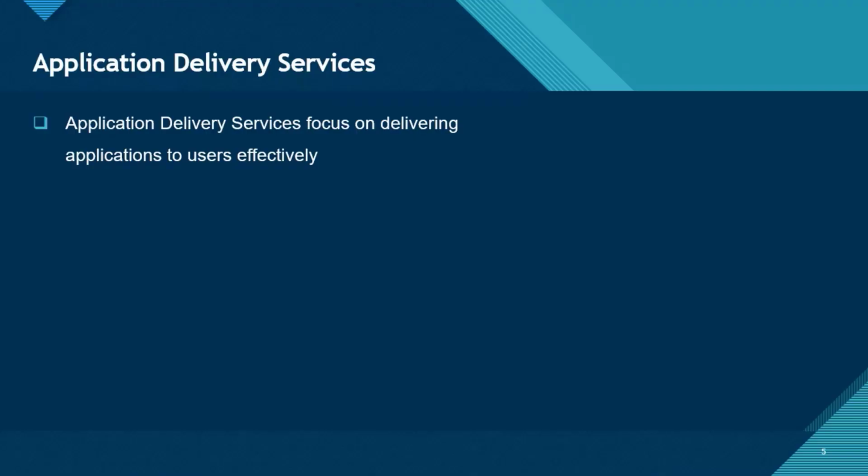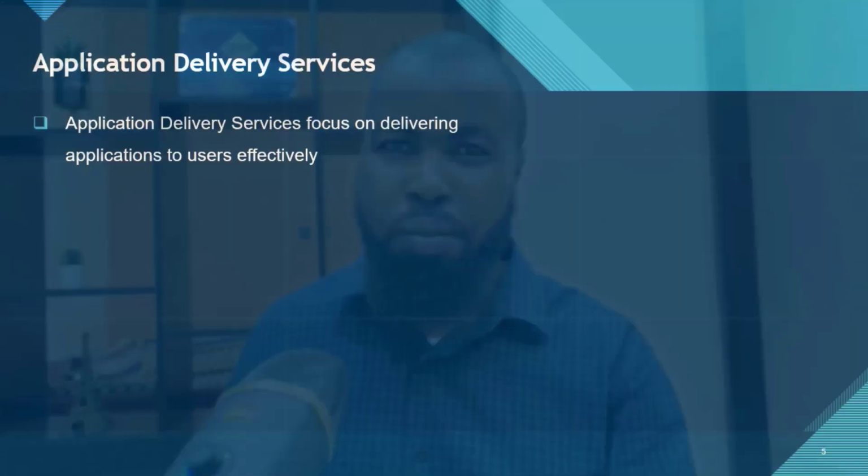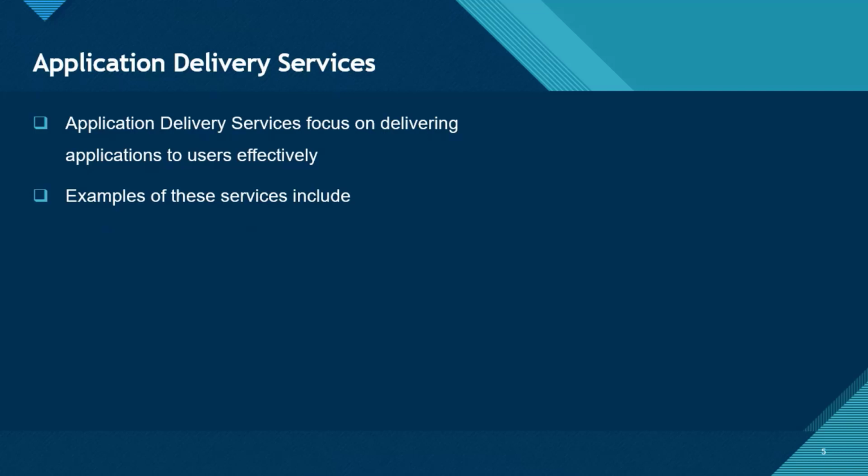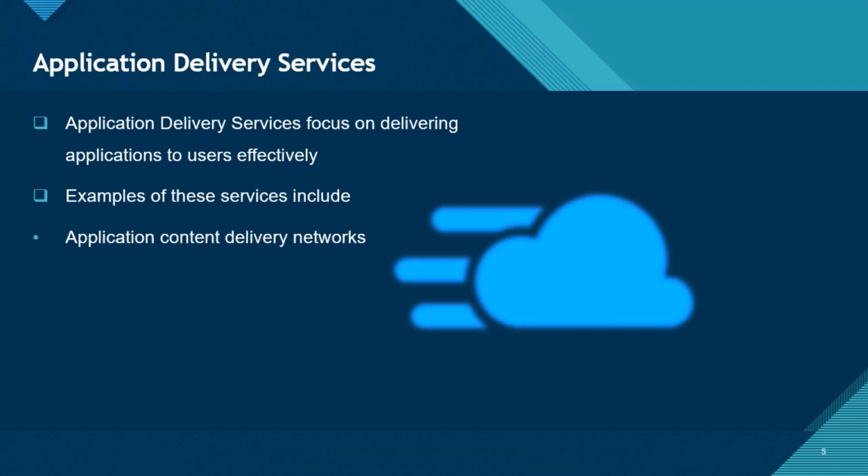The next category is application delivery services. Azure provides several services and features that collectively contribute to delivering applications effectively. These services help with application load balancing, traffic management, and content delivery to users in an effective manner. Examples of these services include Content Delivery Networks, also known as CDN.